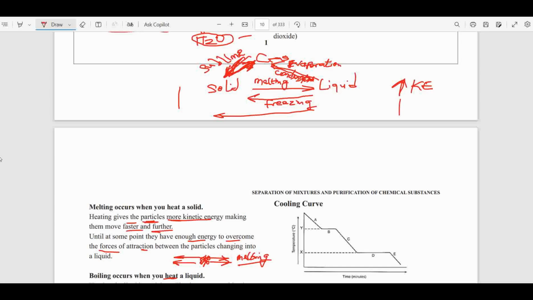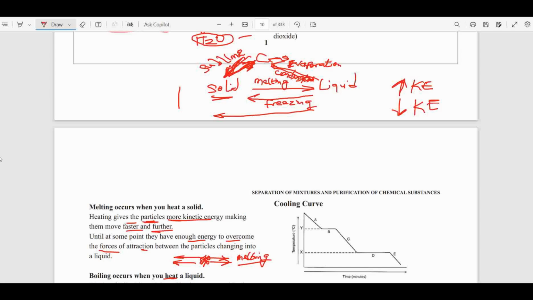So for freezing, that will be as a result of what? A decrease in kinetic energy. When there is a decrease in kinetic energy, the particles will begin to come closer again, and then they will become bound by the force of attraction holding them, and they return back to their solid state.